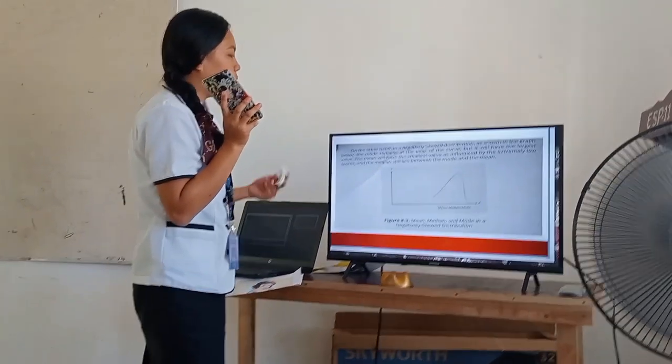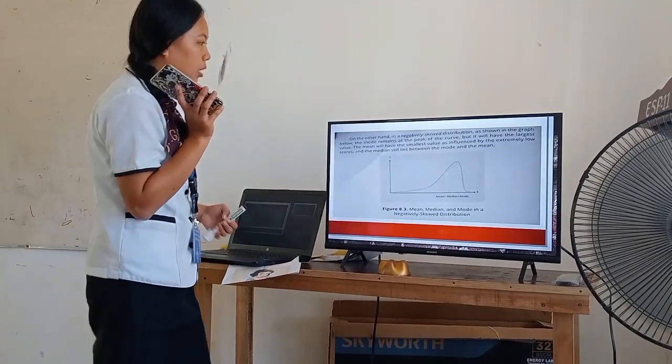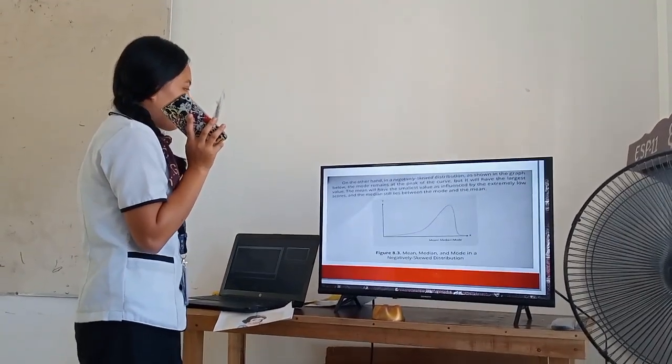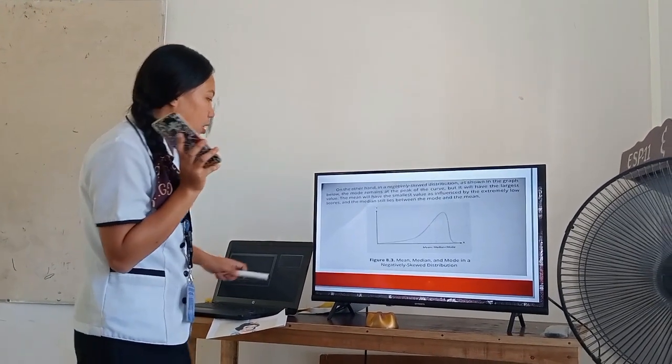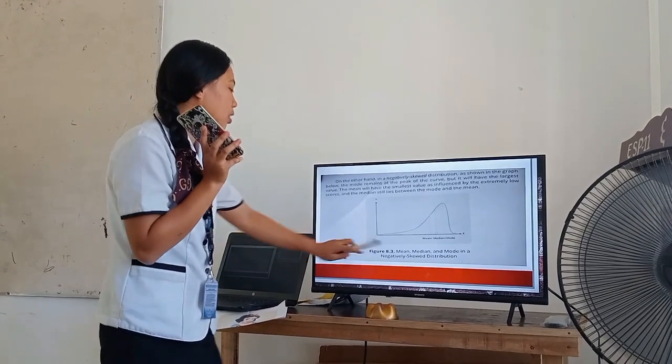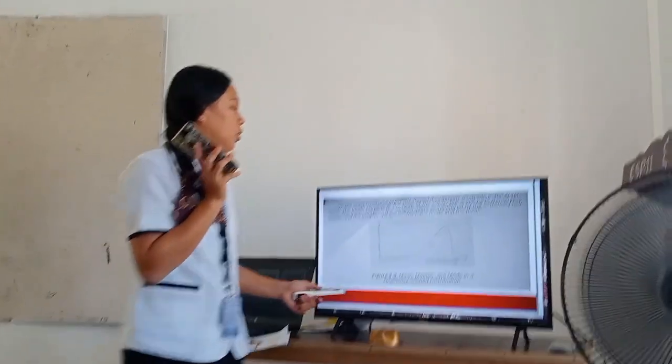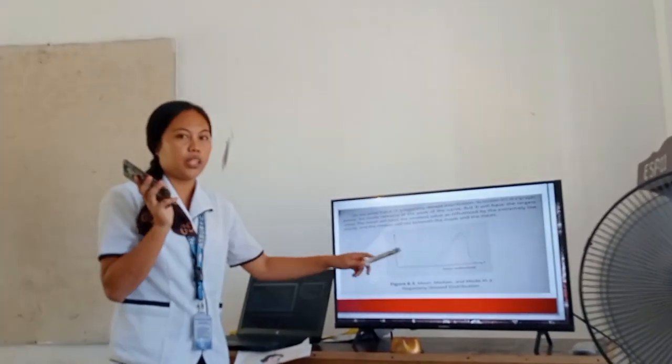The mean will have the smallest value as influenced by the extremely low scores, and the median still lies between the mode and the mean. So this figure is the negatively skewed distribution.